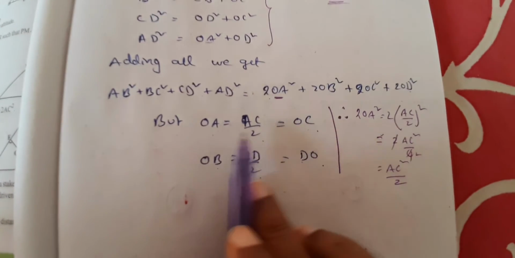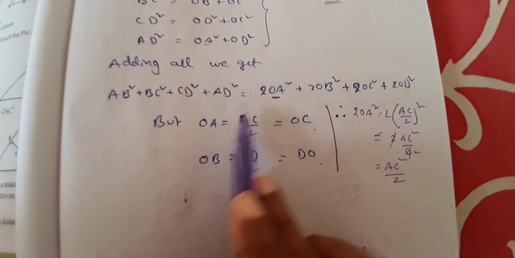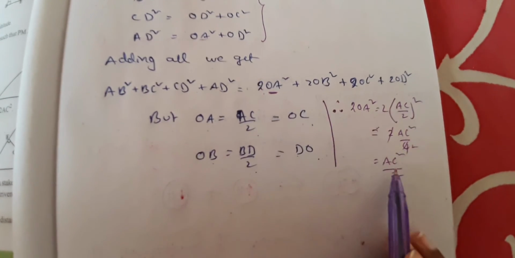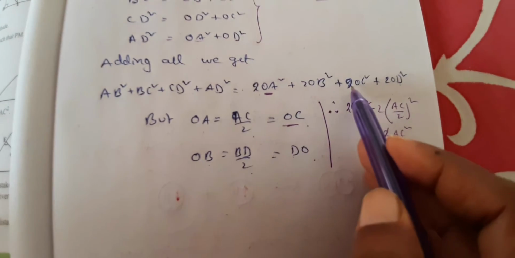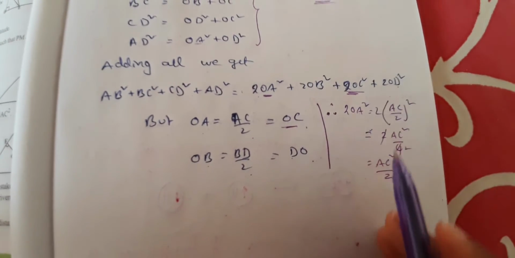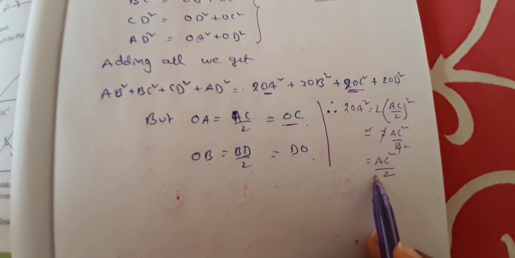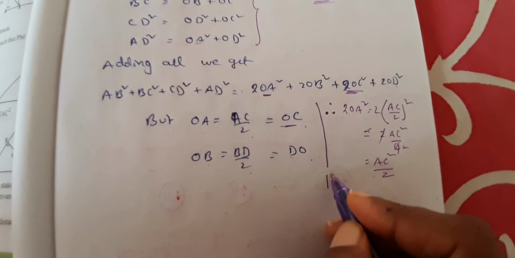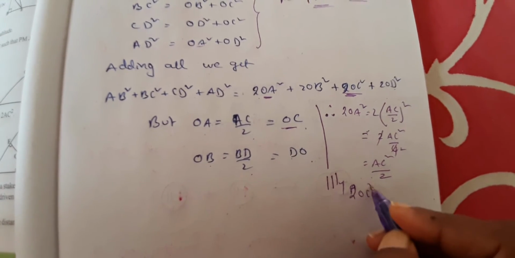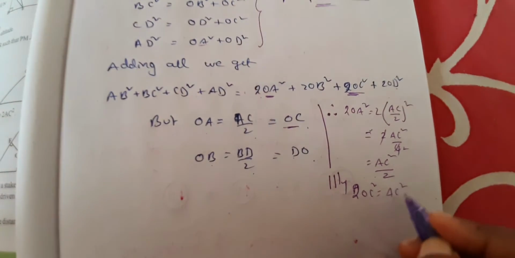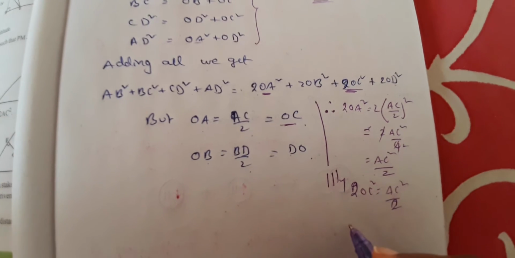Now children, observe carefully. For every OA square, that means 2 OA square, you got AC square by 2. With the same relationship, for 2 OC square also, you will be getting AC square by 2. So I am writing it directly, right? Similarly, 2 OC square is equal to AC square by 2.